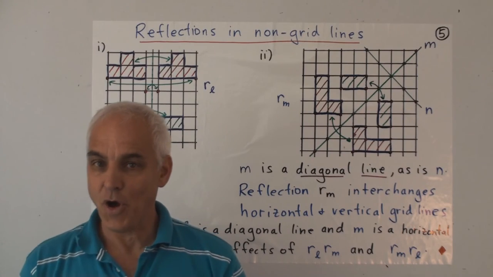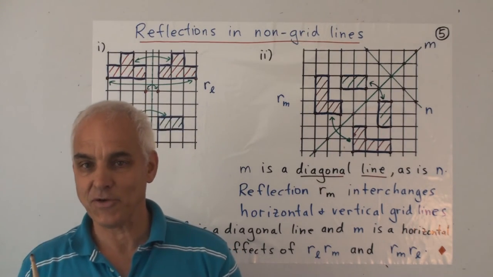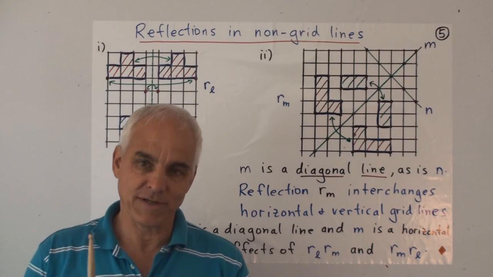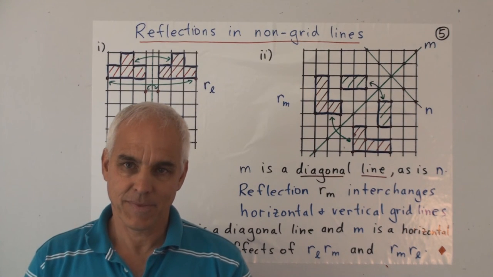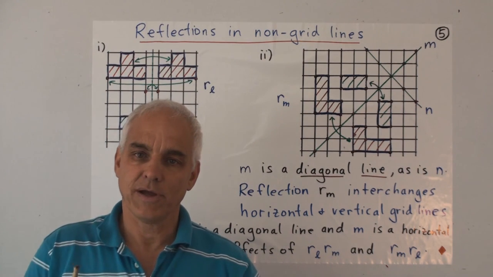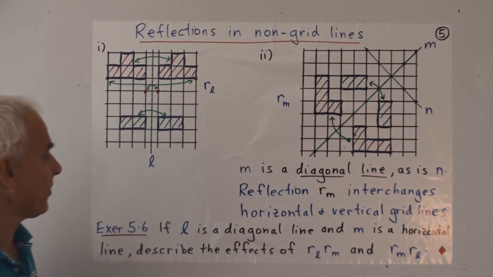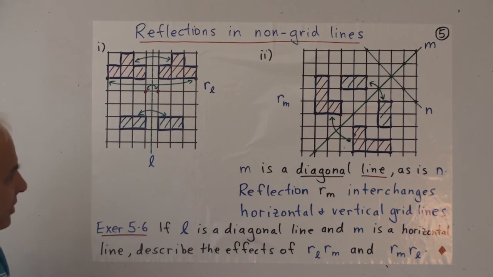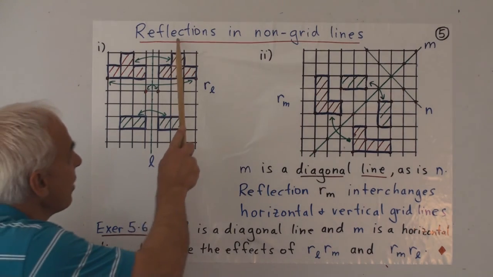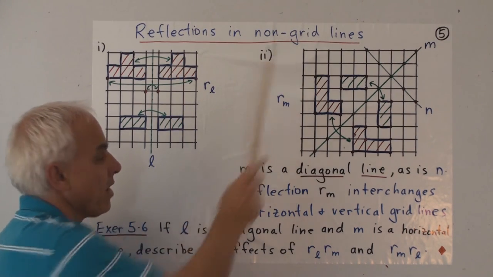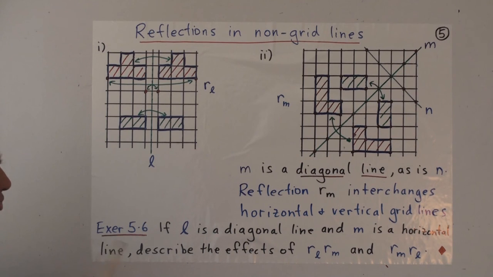Up till now, all the points and lines that we've been considering are actually grid points and grid lines. But pretty soon we're going to want to be a little bit more general and consider other points too and other lines. And we're going to now consider what happens if we reflect in a non-grid line. And there's going to be two examples that I want to tell you about.